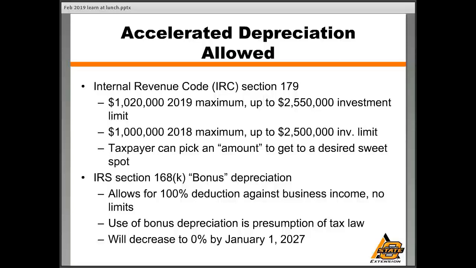We can pick, like I said earlier, any portion of that $200,000 tractor that we were going to buy, or the $100,000 tractor, we can use 179 on 25,000, 50,000, 75,000, any number in there to get to the desired level of depreciation write-off in the particular year we're looking at.